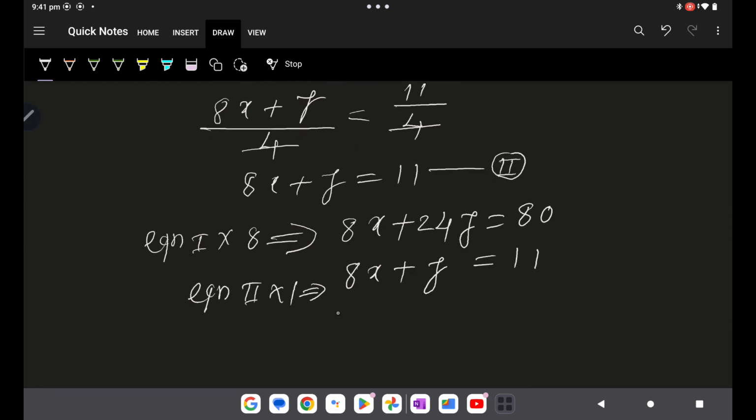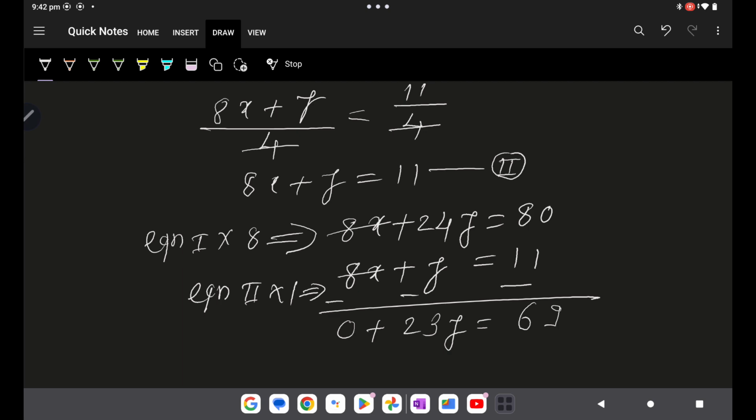Then we subtract these two equations, and in subtraction we change the sign of the lower equation. 8x cancels, so we write 0 plus 24y minus y, which is 23y, is equal to 80 minus 11, which is 69.